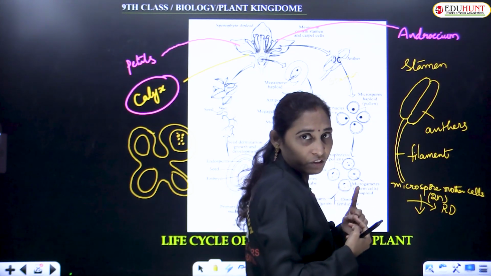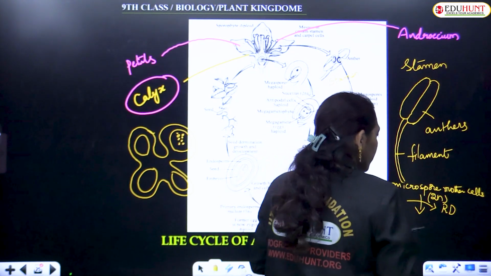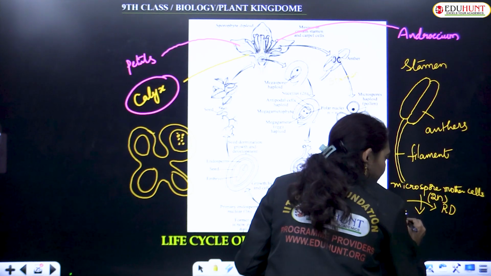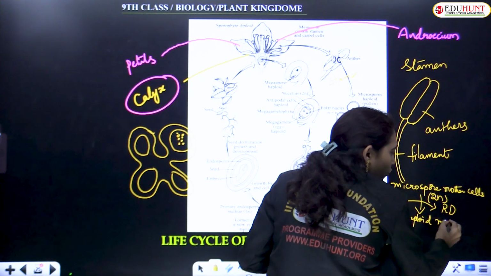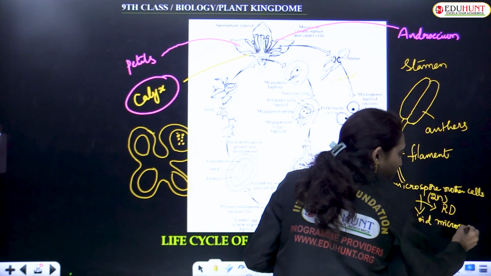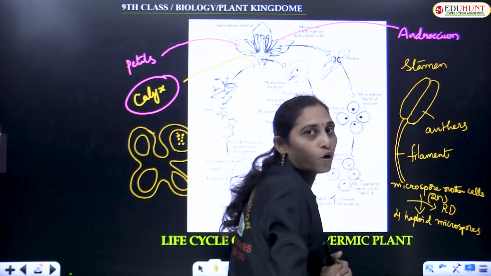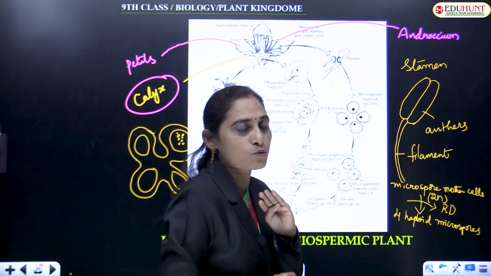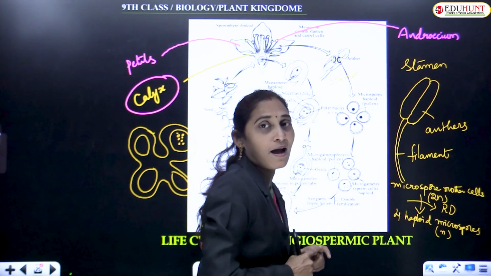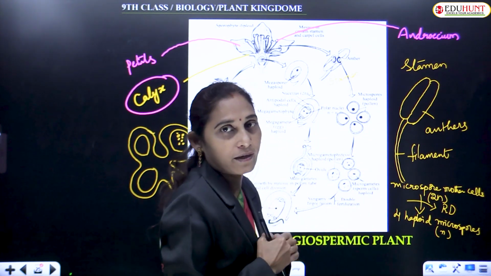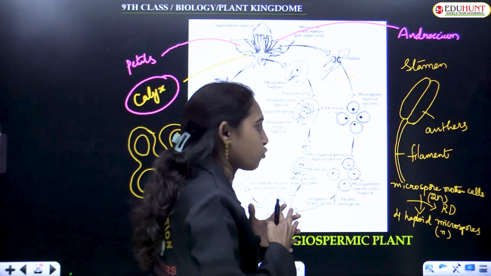One reduction division, and this produces 4 haploid microspores. Each is N, because it is haploid.